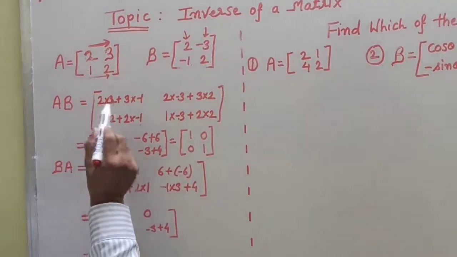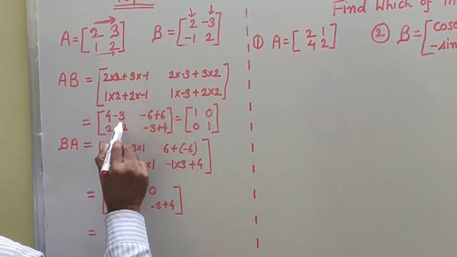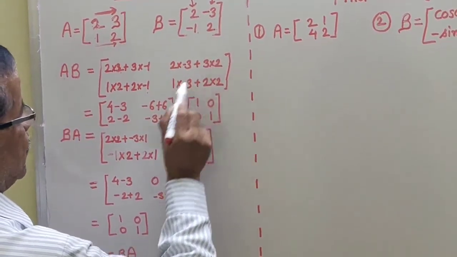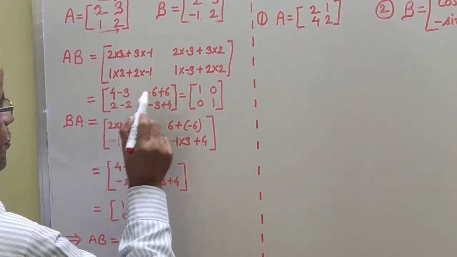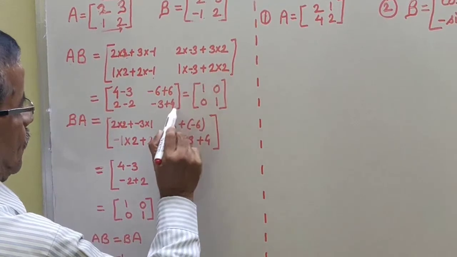Solving this, 2 into 2 is 4, 3 into minus 1 is minus 3, 2 into minus 3 is minus 6, 3 into 2 is 6, 1 into 2 is 2, 2 into minus 1 is minus 2 and 1 into minus 3 is minus 3, 2 into 2 is 4.